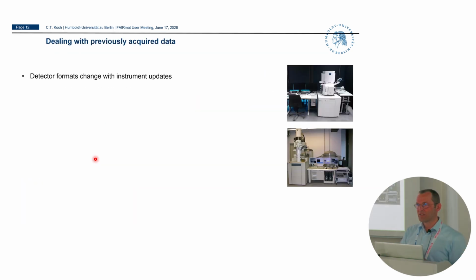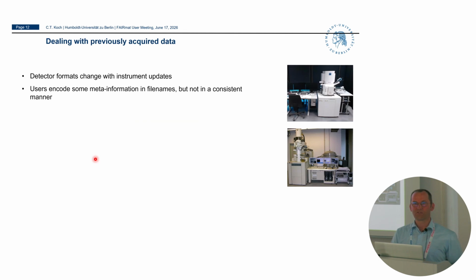So in our NOMAD instance, or I should hurry up, we have a lot of different instruments that have collected data for many years. And these are available on these instrument computers. And so we really wanted to also incorporate these into our NOMAD instance. And that really has been more difficult than anticipated because these formats, as I've told you, already changed over time.